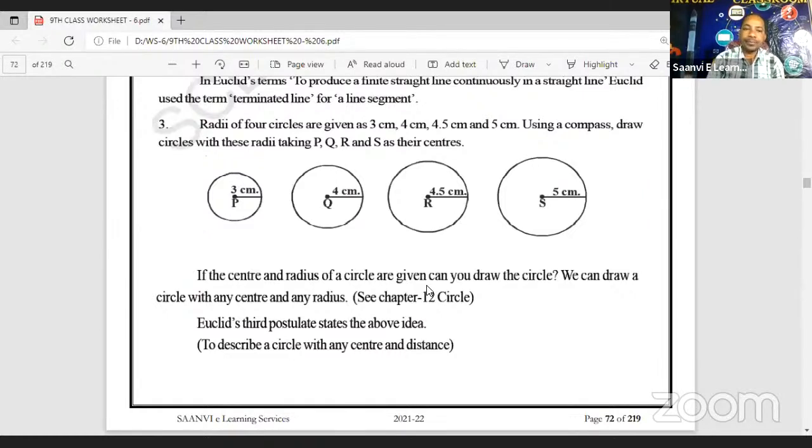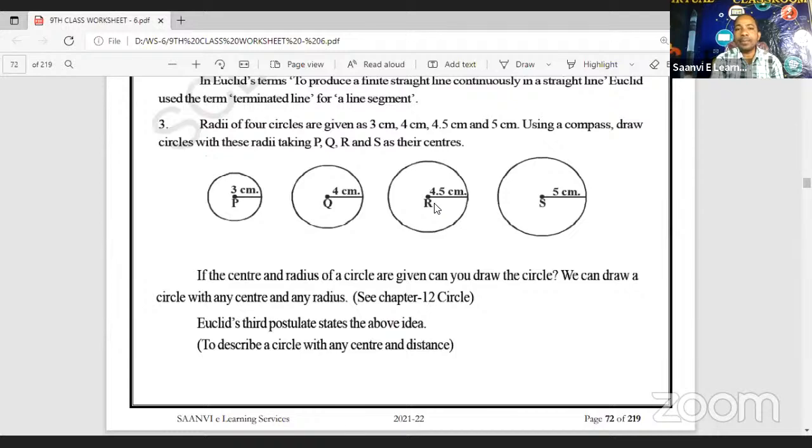Okay. So here in the first circle, you have taken center P and radius 3 centimeters. We can draw a circle through this center point P with radius 3 centimeters. In the second circle, you have taken center Q and radius 4 centimeters.